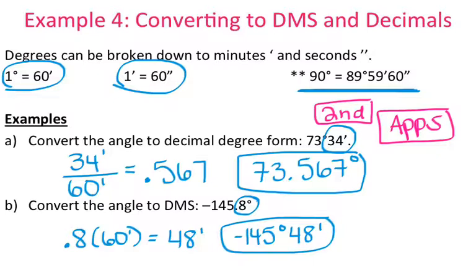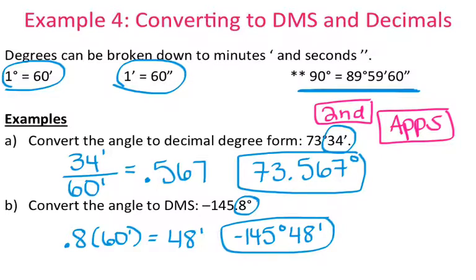And when I'm starting with a decimal and I want to change it to degrees and minutes, I'm going to type in negative 145.8 like we have for letter B. You don't necessarily need the degree symbol there for the conversion to degrees, minutes, and seconds. But from there, you're going to hit second apps again.